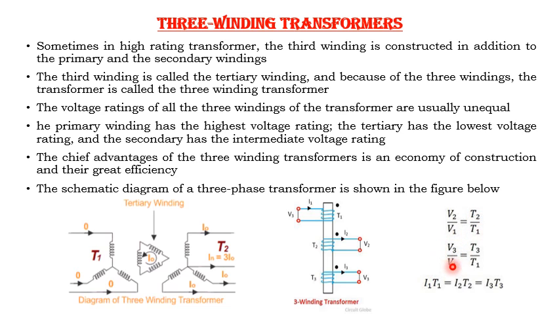Here is the transformation ratio of the tertiary winding with respect to the primary winding: V3 by V1 equals T3 by T1. In general, considering all three windings, the transformation ratio can be represented as I1 T1 equals I2 T2 equals I3 T3.